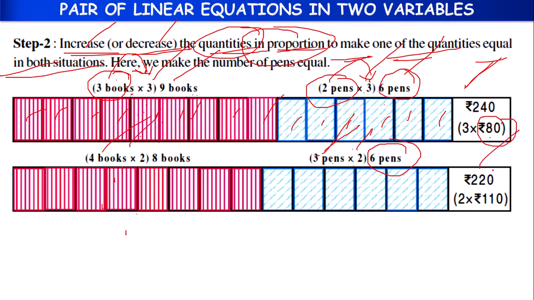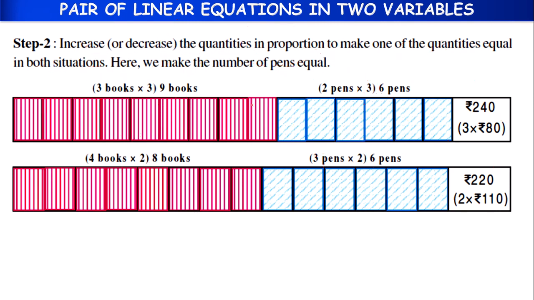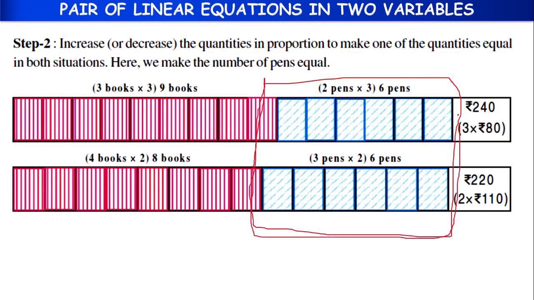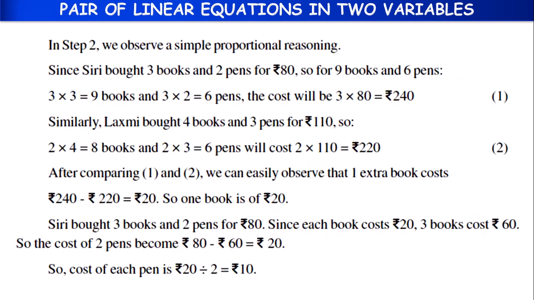So 4 into 2, 8 books. 3 into 2, 6 pens. 110 into 2, 220 rupees. So by multiplying with the same number, we have made the number of pens equal in both cases.